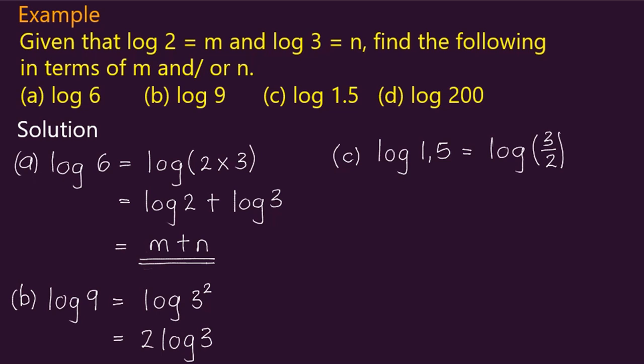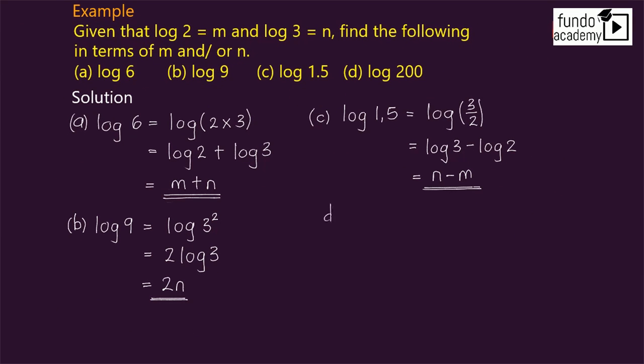So remember, it has to be a product quotient relationship so that your solution will come out right. 1.5 as a fraction is 3 over 2, and according to the law of logarithms, that's the logarithm of 3 minus the logarithm of 2. The logarithm of 3 is n, and the logarithm of 2 is m. So in terms of m and n, our solution will come out as n minus m.